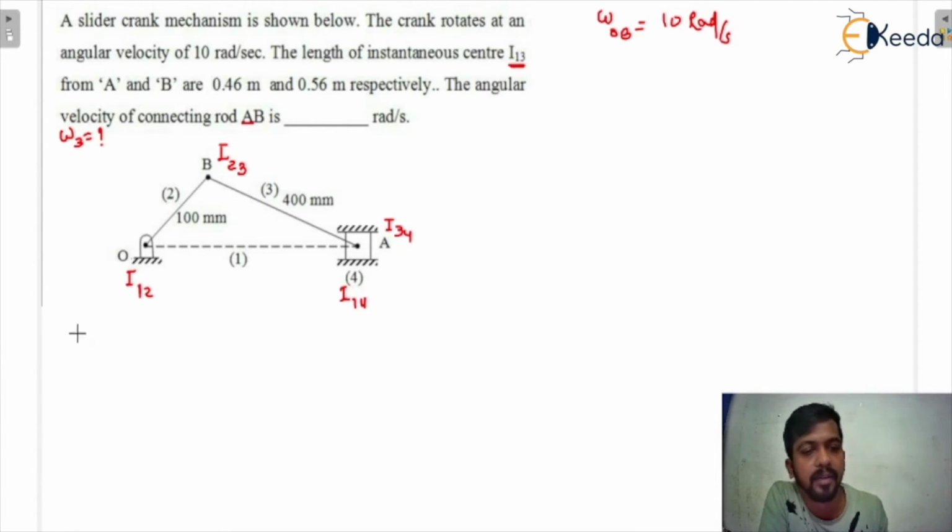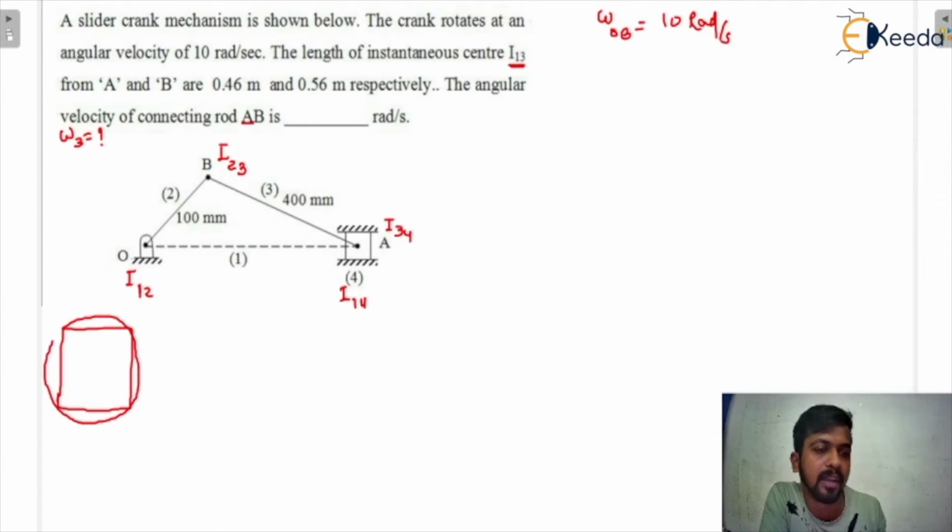Now we all know that we are calculating I13 using the circular method, to find the remaining instantaneous centers of the diagram. Since if there are 4 links in the diagram, there are 6 instantaneous centers. Out of 6 we have shown 4, and the remaining 2 we have to calculate.